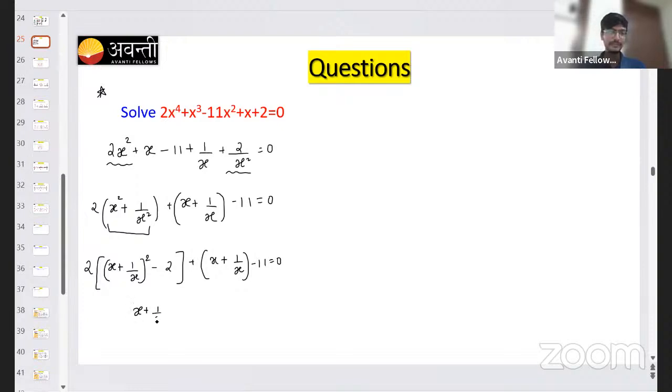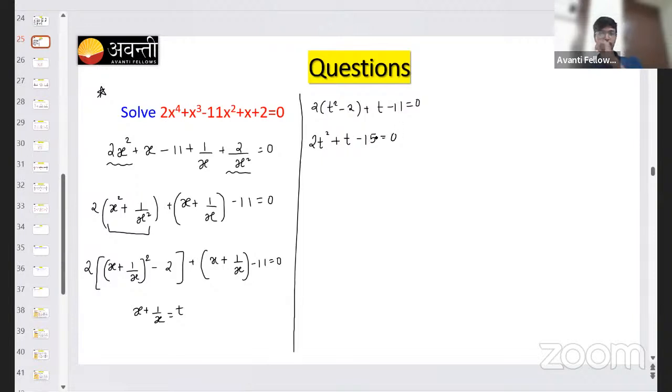Let x plus 1 by x be t. So my equation will now become 2 into t square minus 2, plus t minus 11 equals 0. So I'll get 2t square plus t minus 4 minus 11, that is minus 15, equals 0. Correct? So what are the factors now?